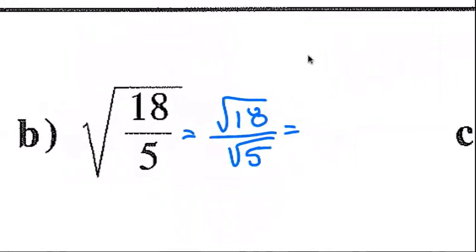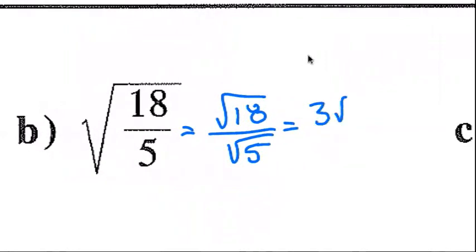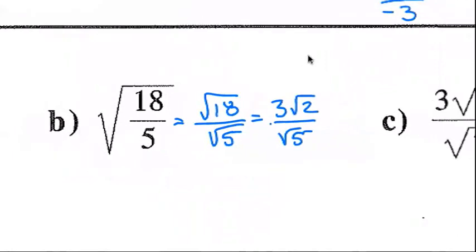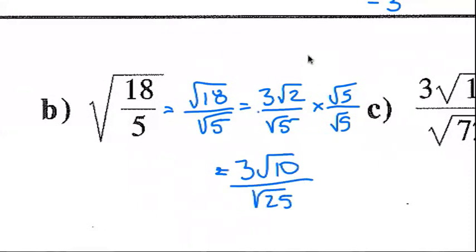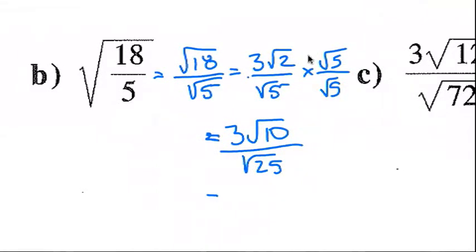I know the square root of 18 is equal to 3 square root 2 all over square root 5. I can't have that radical in the denominator, so I'm going to multiply by square root 5 over square root 5. This will be 3 square root 10 all over square root 25. Square root of 25 is 5. 3 square root 10 all over 5.